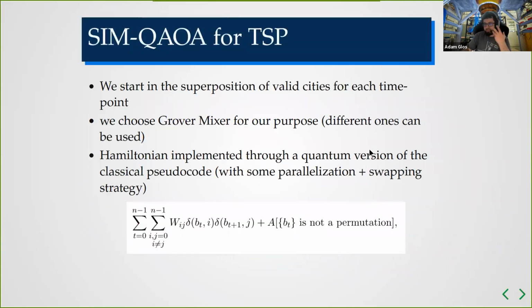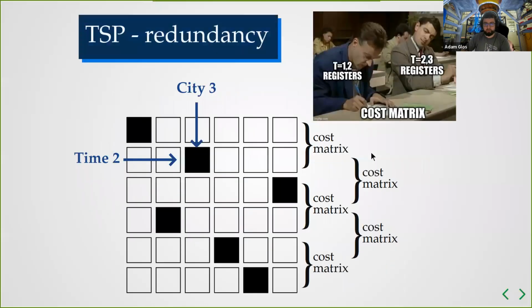So what we have done with our SIM-QAOA, we start in the superposition of valid cities. That's kind of like the graph coloring case, meaning that for each time we already make sure in the initial state that only one square is black.